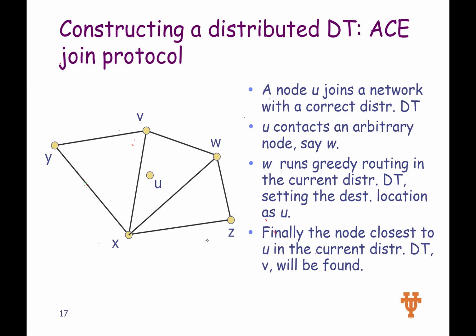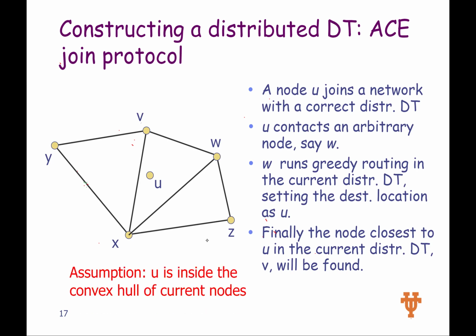So right now, you cannot calculate the correct DT. So U talks to W, and let's assume that U is inside the convex hull of the current nodes. Do you know convex hull, by the way? Okay. So U is inside the convex hull.